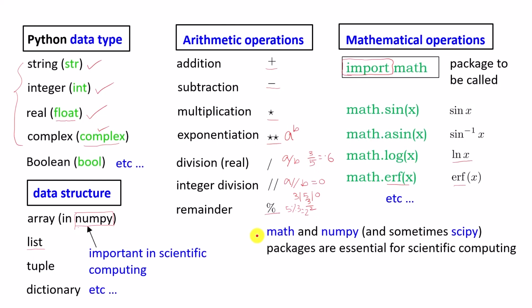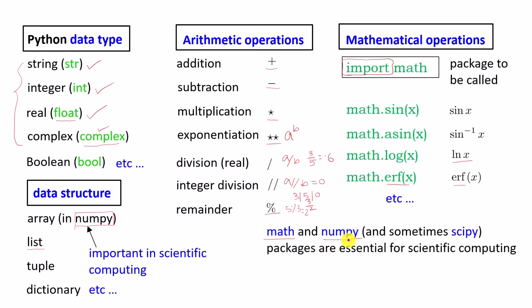So what are the most important packages in scientific computing? First, of course, is the math package. And then, not in this lecture, but subsequently, you will see that the NumPy package will be very handy for us in mathematical calculation.